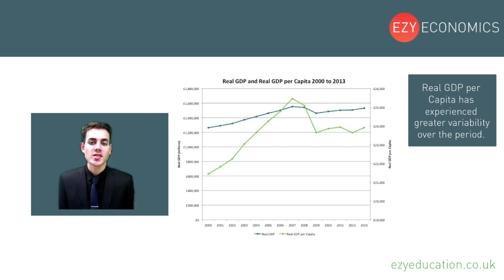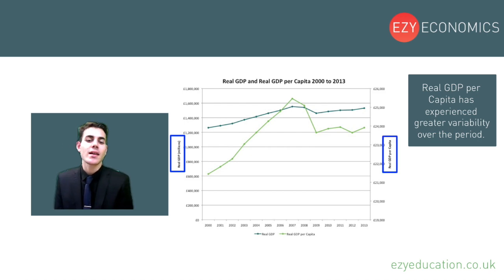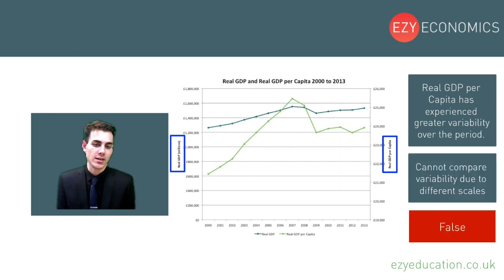They have been adjusted in order to ensure there can be a comparison between the two in terms of their values in those given years, but we can't actually compare the variability because on one side we're looking at real GDP, which is in millions, and on the other side we're looking at real GDP per capita. So the option that refers to variability is wrong because we're using scale adjustments, we can't determine variability. So therefore this is an incorrect statement.